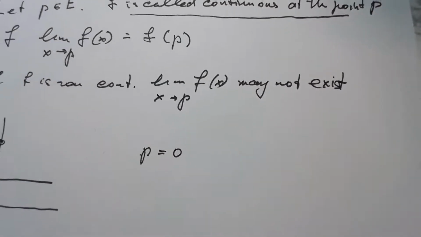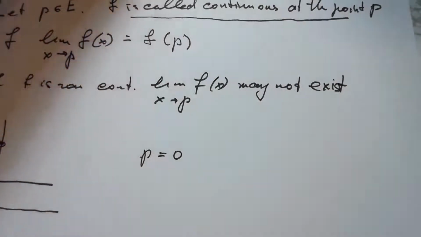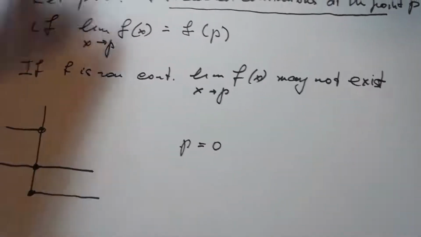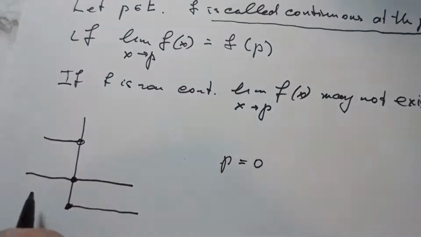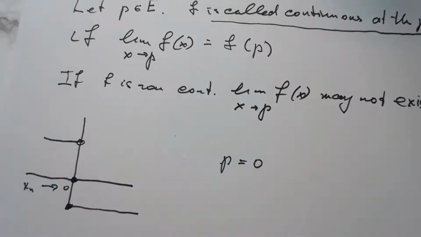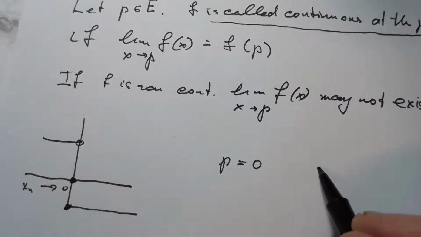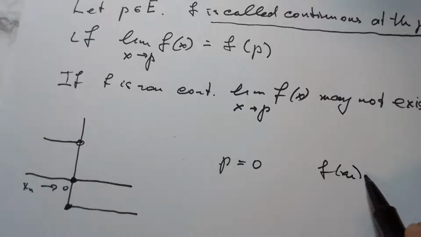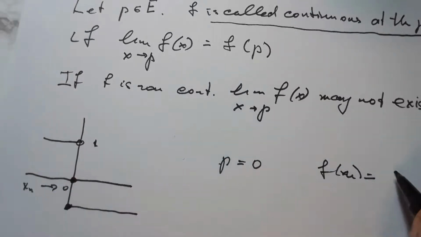Well, why doesn't the limit exist? I'm just going to appeal to the theorem that we proved last time. I can choose a sequence xn which converges to 0 on the left of 0, and then the limit of the sequence f of xn will be equal to, let's say, 1.